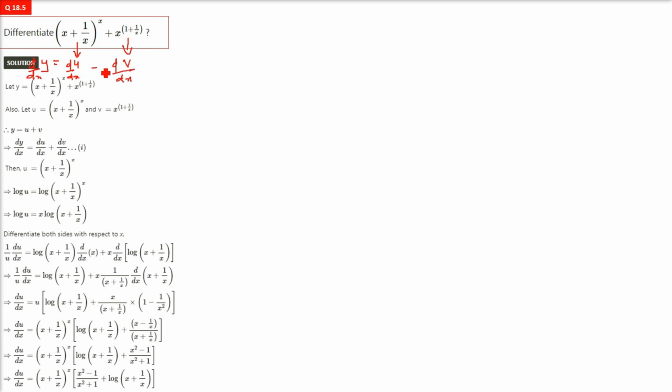So separately we'll do these two and finally we'll add them wherever it is required. So whenever we have a power, we generally go for the log. So u is x plus 1 by x to the power x. This is u. We'll take log on both the sides. Log u is equal to x log x plus 1 by x.